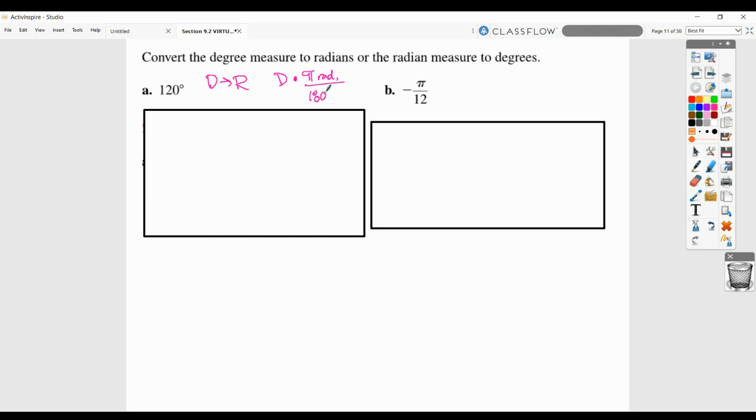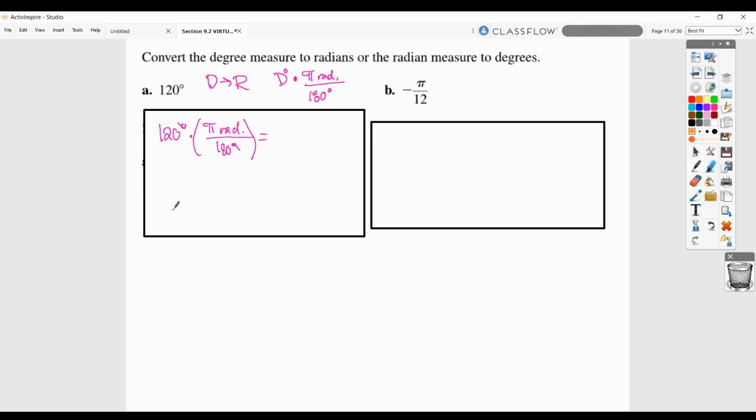So whatever my degree is, the degree units will cancel and I'll be left with radians. So let's try it. 120 degrees, I want to convert that to radians. So I'm going to multiply that by my conversion factor, pi radians over 180 degrees.